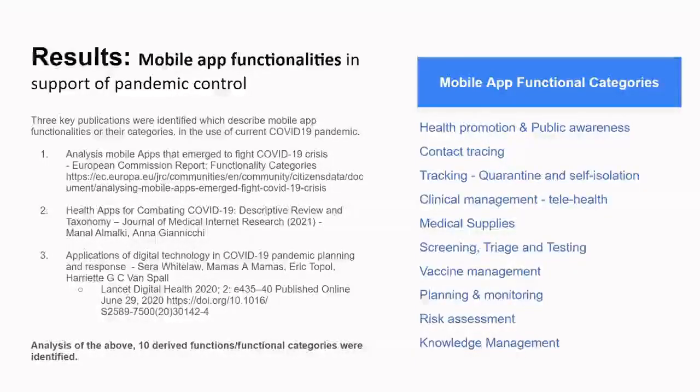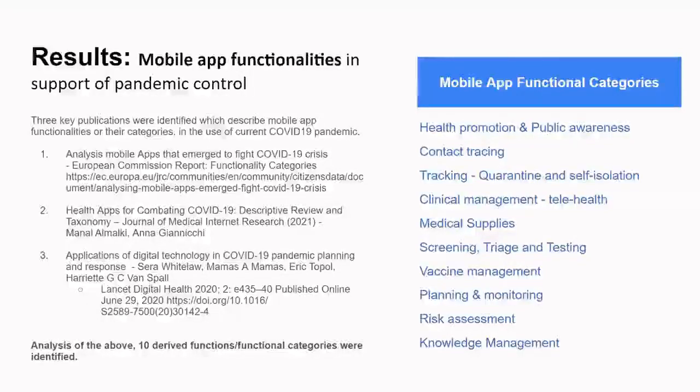Then at the same time, we wanted to know what are the mobile app functionalities. For what user, what are the functionalities that have been implemented by mobile apps. For that, we found 3 articles which describe mobile app functionalities. Of course, there were some overlaps between these 3 articles.